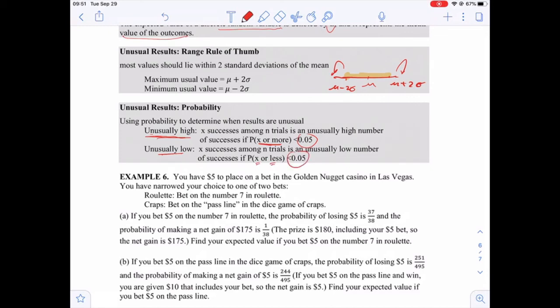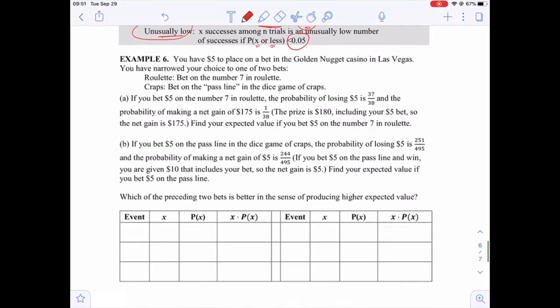I mean, if the probability is very small, less than 0.05, for X or less, that means we have an unusually low result. If it's for X or more, and it's less than 0.05, it's called unusually high.